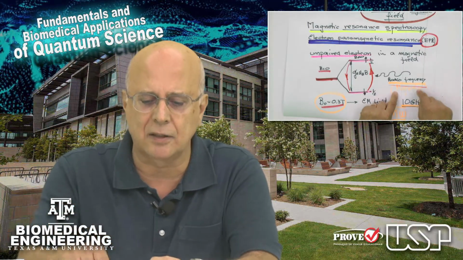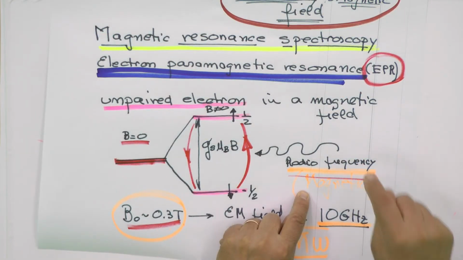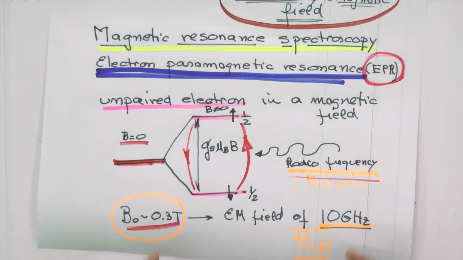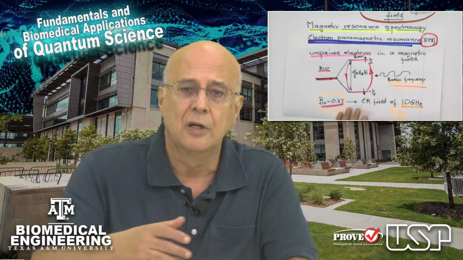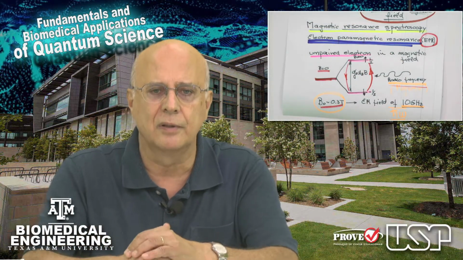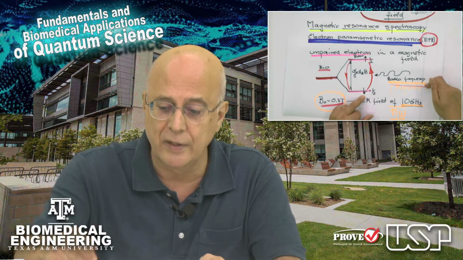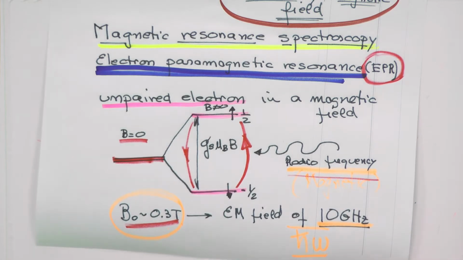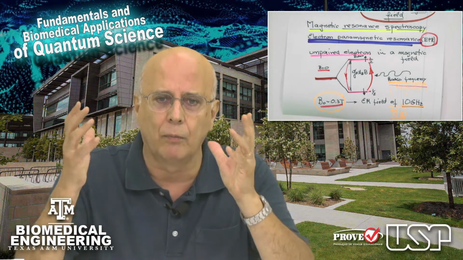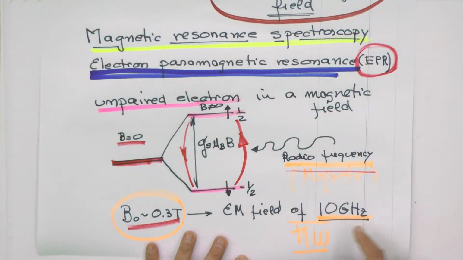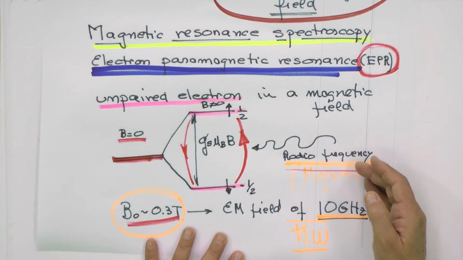It is the magnetic component of the radiation that's important to cause the transition, because that will be the way to transfer energy by this interaction of the spin, which is basically a magnetic dipole, with the oscillatory field of the electromagnetic radiation.